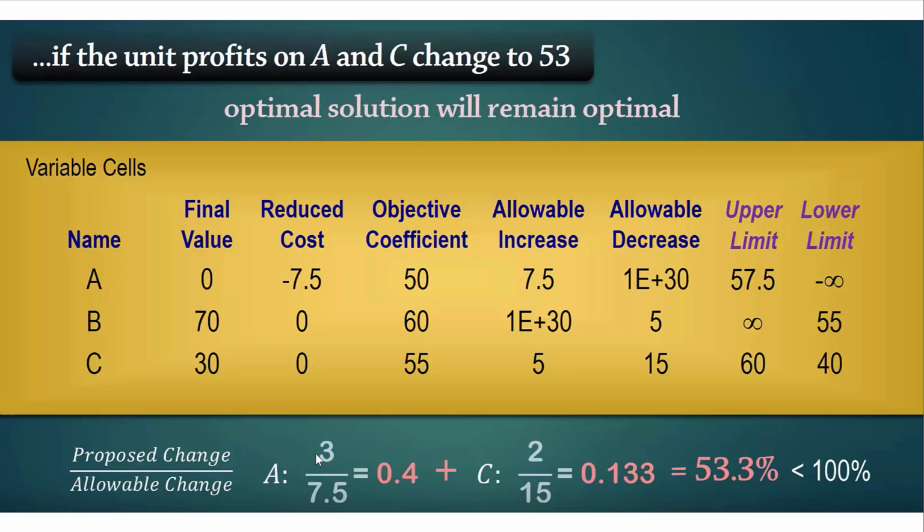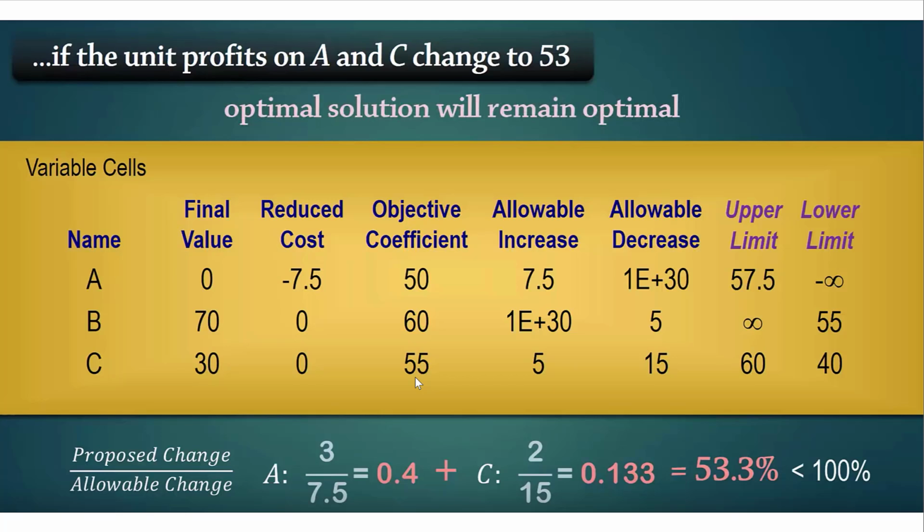So 3 divided by 7.5 equals 0.4, plus the proposed change on C. We know the unit profit, or objective coefficient, on C is 55.